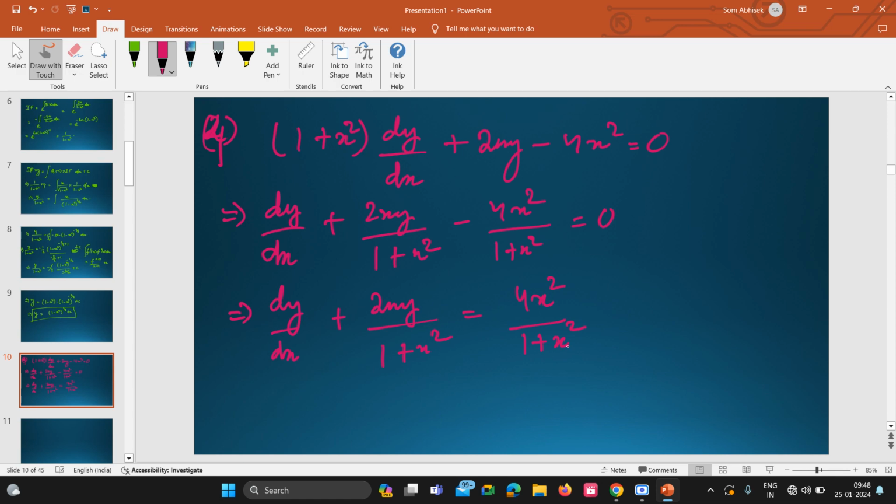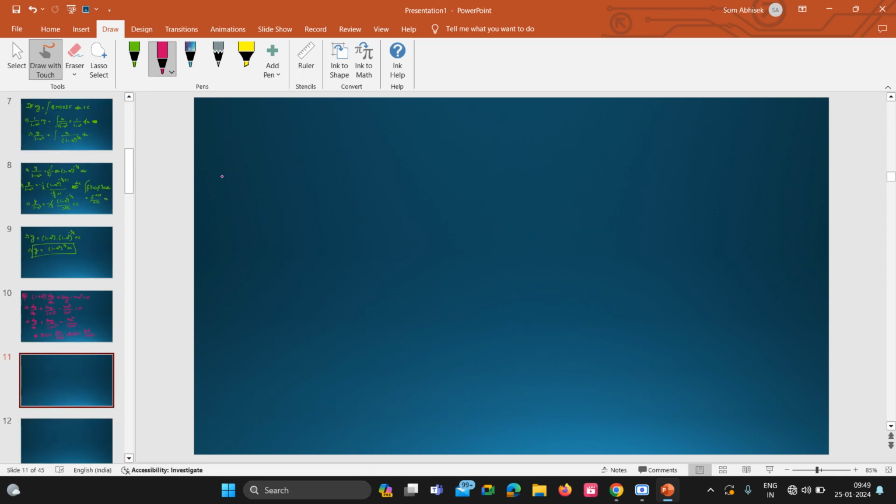Okay, so if you do it, your Px is 2x by 1 plus x square. Qx is 4x square by 1 plus x square. So the integrating factor is e to the power integral of Px dx, that is e to the power integral of 2x by (1 plus x square) dx.